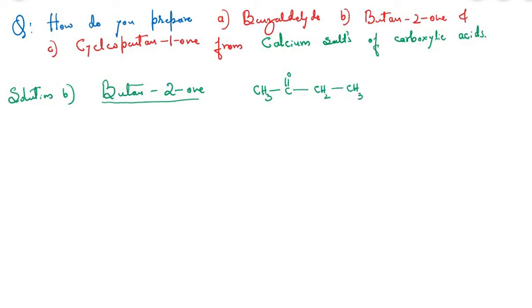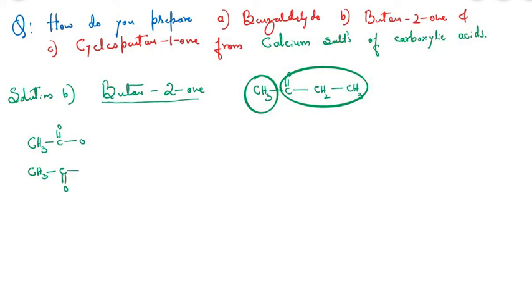So here what we have to understand is that this CH3 part is coming from one type of calcium salt of carboxylic acid, and the remaining part, that is C double bond O, then CH2 and CH3, is coming from another calcium salt of carboxylic acid. Is it clear, students? So if it is a CH3 part here, then that becomes calcium acetate. So let me write it as CH3 C double bond O, and here also CH3 C double bond O, then followed by O.